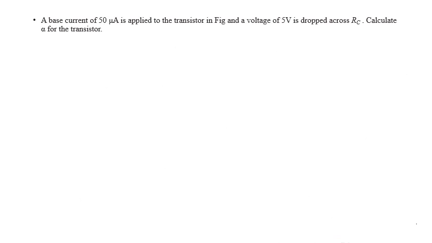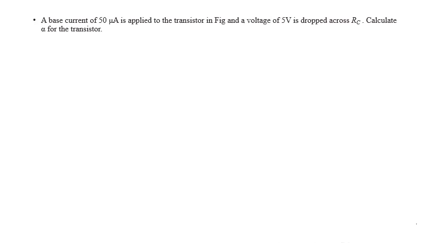Next question. A base current of 50 microampere is applied to the transistor in the figure, and a voltage of 5 volt is dropped across RC. Calculate the alpha for the transistor. Let me draw the circuit diagram.